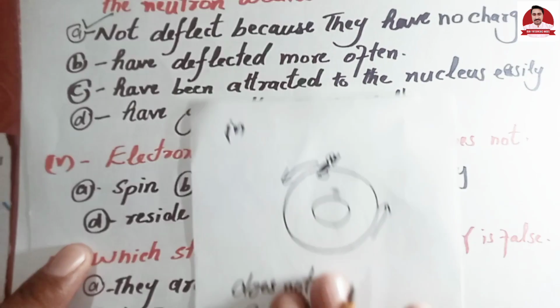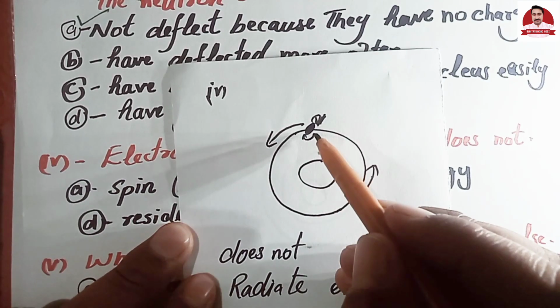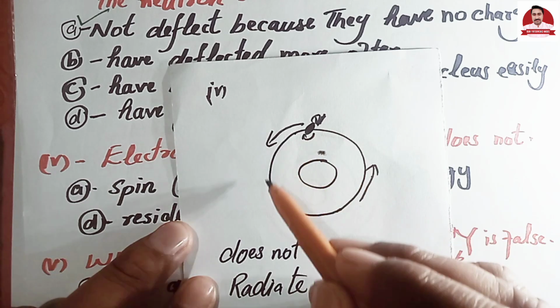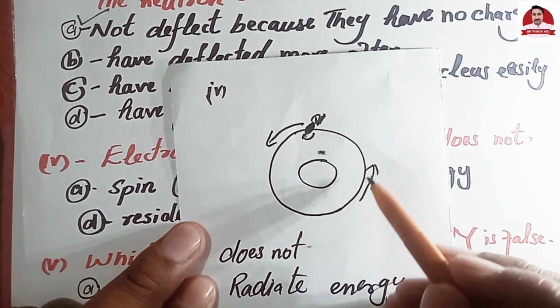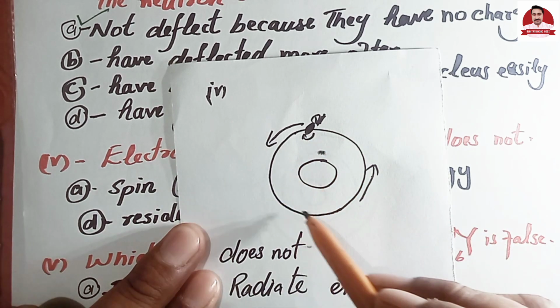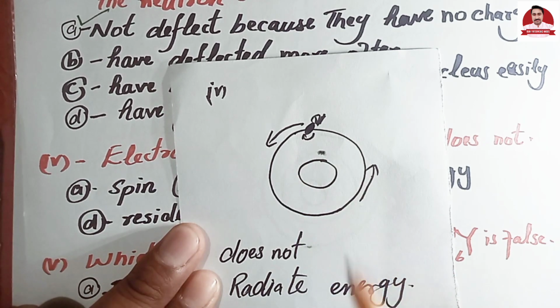As we know, in an orbit, electrons are revolving continuously and they do not radiate any energy in the same orbit.